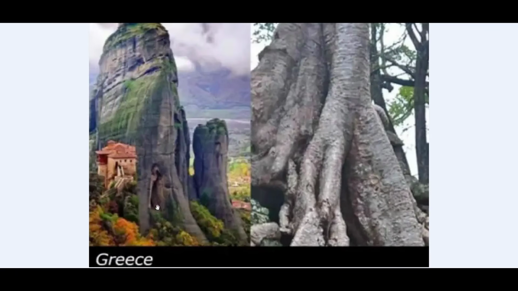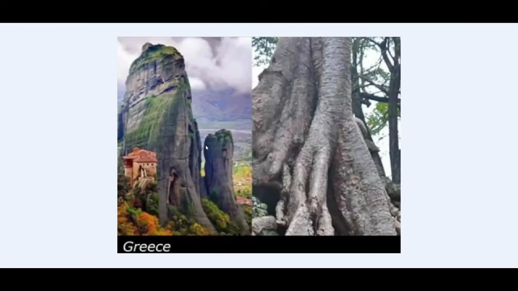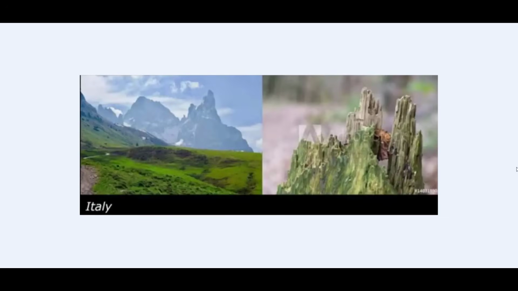What can I say? Even the way that the tree is here. Look at the way that it's here. And of course, we human beings find refuge in solid rock, right? As we say, for refuge. Italy. Famous mountains in Italy.